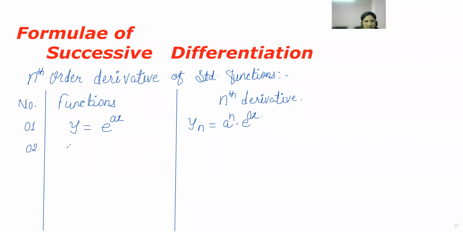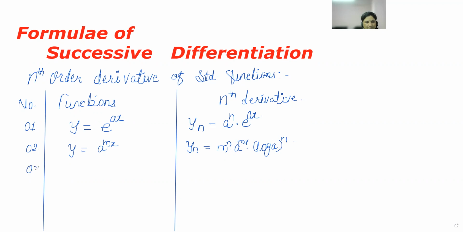Next, if y equals a raised to mx, then its nth derivative yn is equal to m raised to n, a raised to mx, (m log a) raised to n. Yes, correct: a raised to mx into (log a) raised to n.